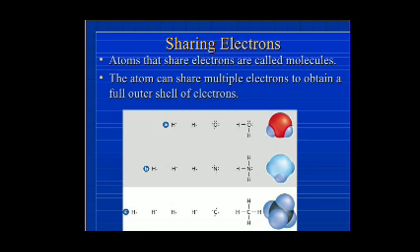In the water molecule there is one oxygen atom and two hydrogen atoms. Oxygen's electronic configuration is 1s2, 2s2, 2p4.